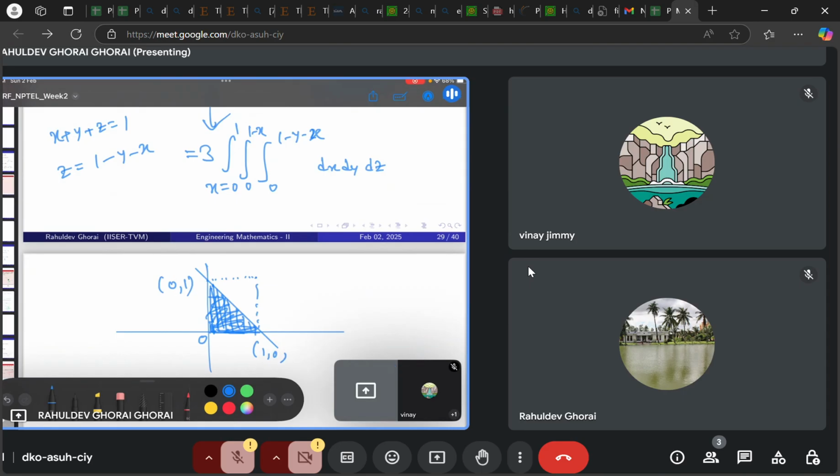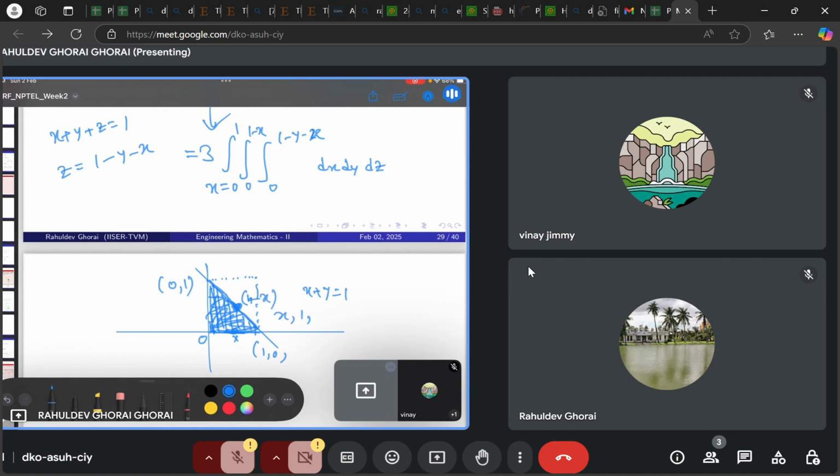But y varies from 0 to the point on the line x plus y equal to 1, which is 1 minus x.